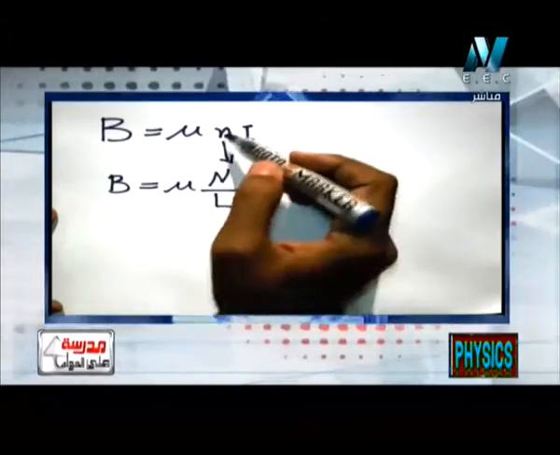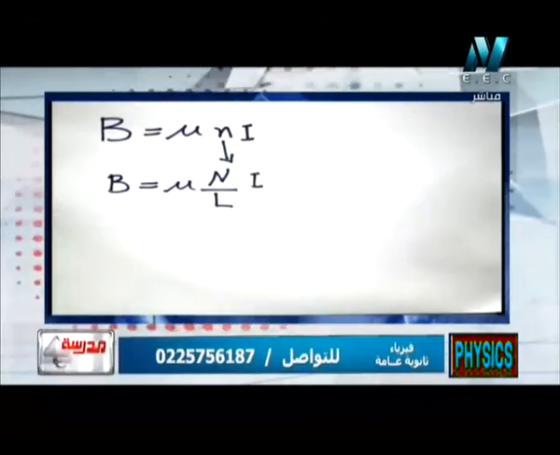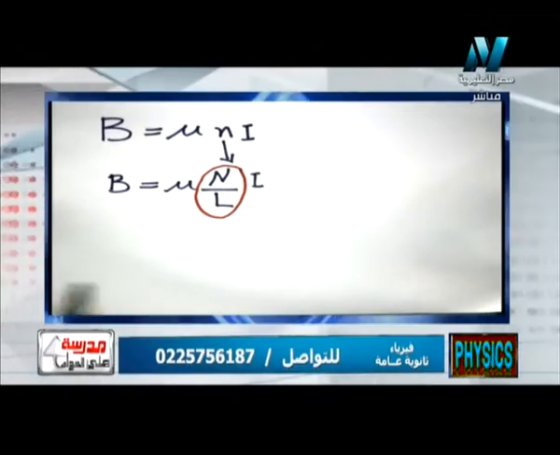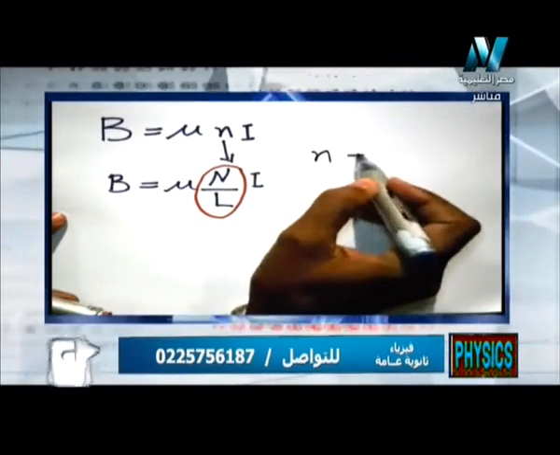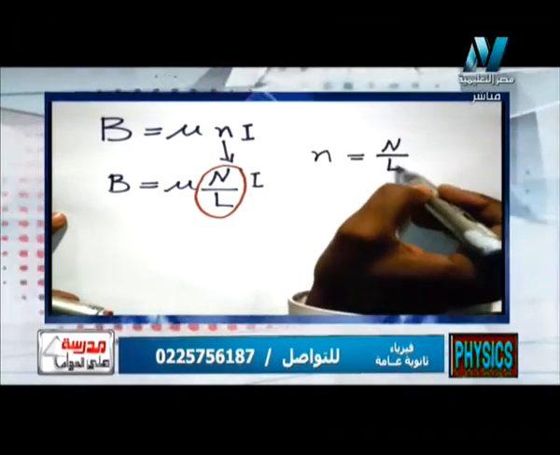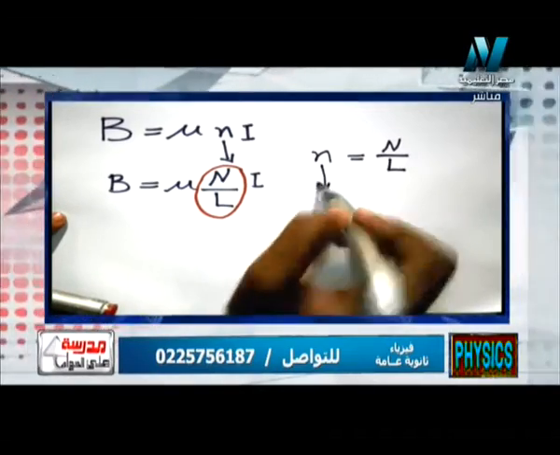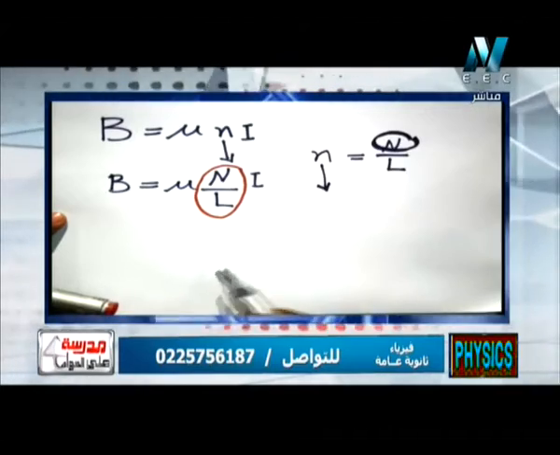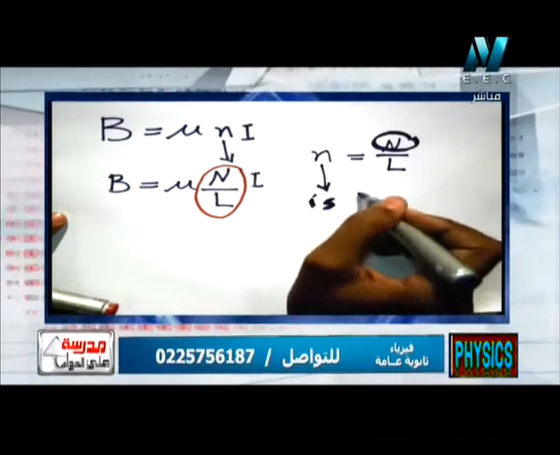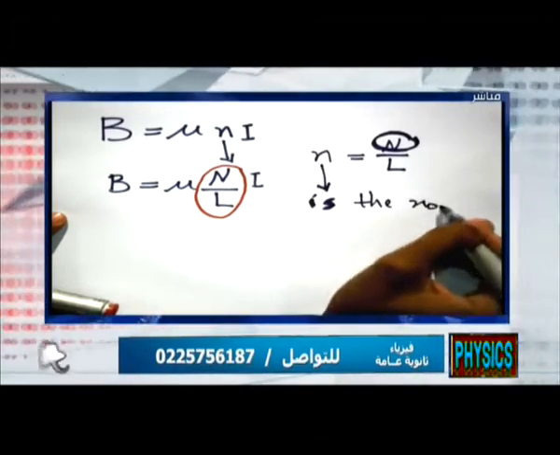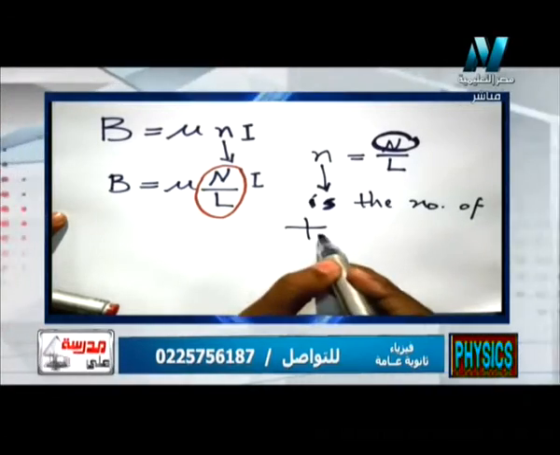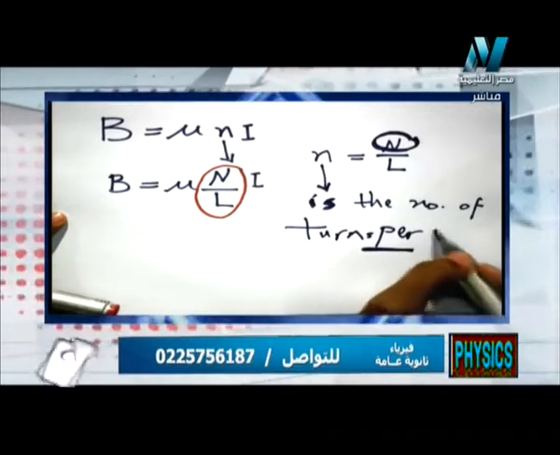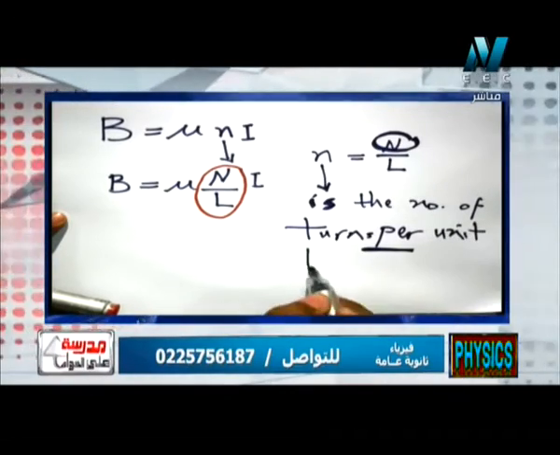So here n equals what? Equals N capital over L. So n small equals N capital over L. So here n is called the number of turns per unit length. N is the number of turns per unit length.